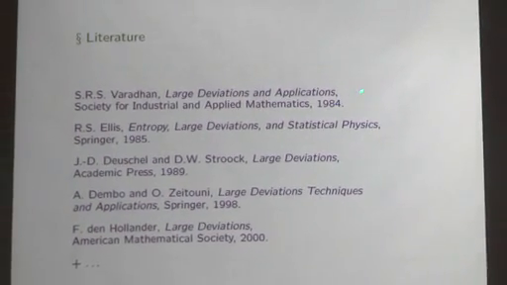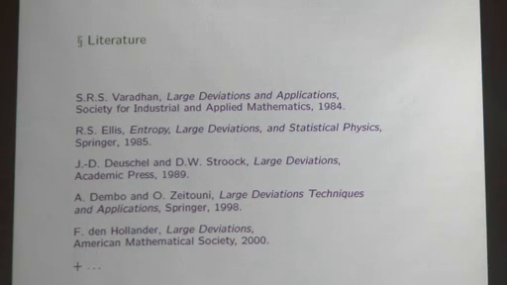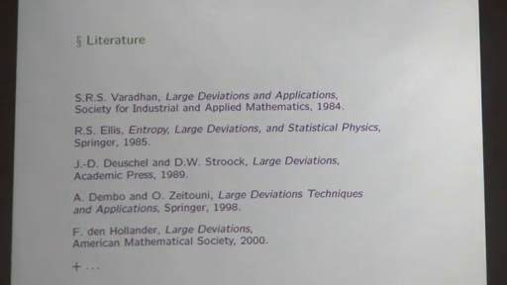So let me end this afternoon by giving you a number of references. Varadhan started the theory in the 60s when he was actually not looking at large deviation per se. He was interested in diffusion equations and large deviations of diffusions, and he built up a formalism and then gradually realized that this formalism was extremely powerful. And then I think it's to the credit of Richard Ellis that he pushed very much this link between large deviation theory and statistical physics.